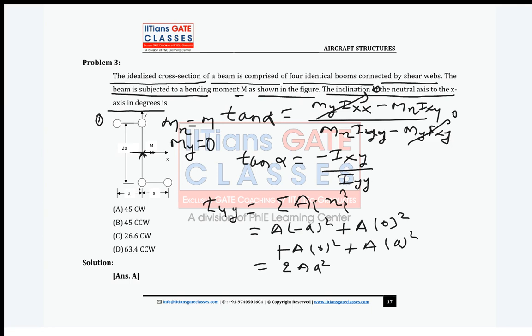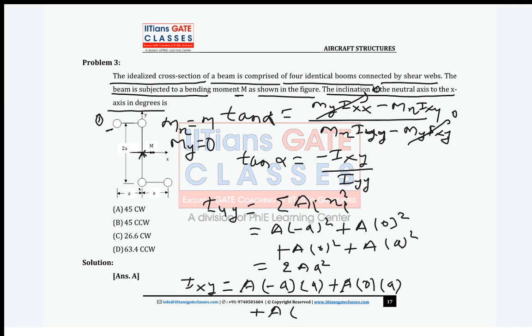Now find out, guys, Ixy. So this is my boom 1. For my boom 1, what is the area? A. What is the Xi distance? Minus A. What is the Yi distance? It is A. Then second boom, area A. What is the Xi? 0. What is the Yi? A. Then boom 3. What is the area? A. What is the distance?